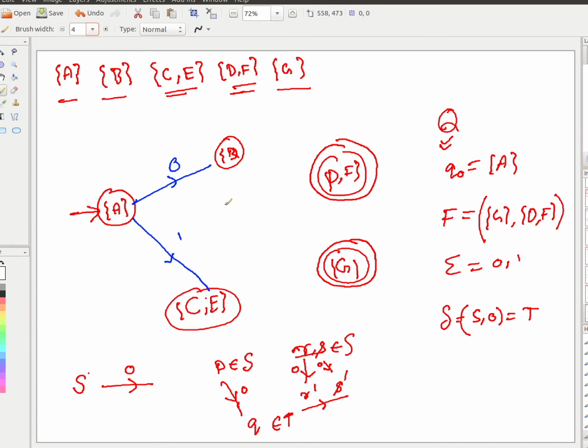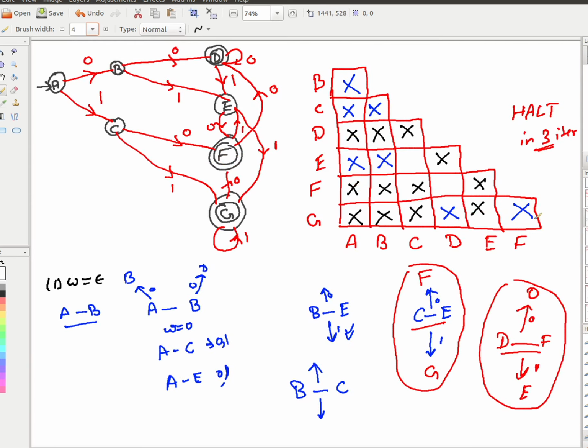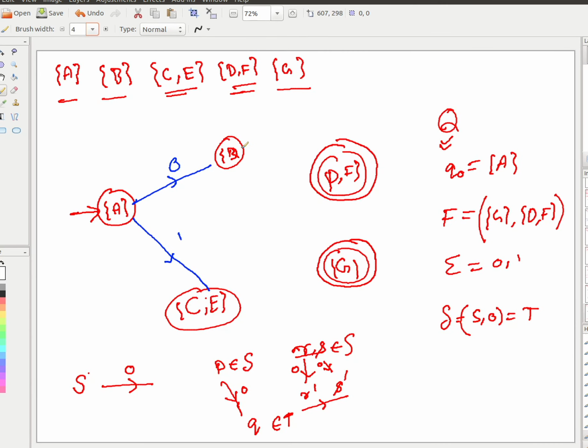Now in this diagram, B at 0 goes to D, and B at 1 goes to C.